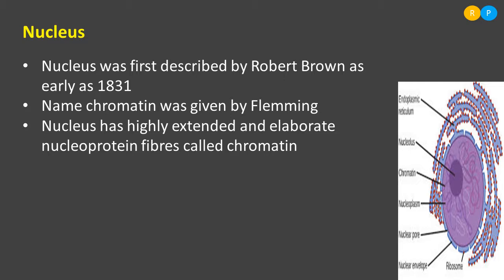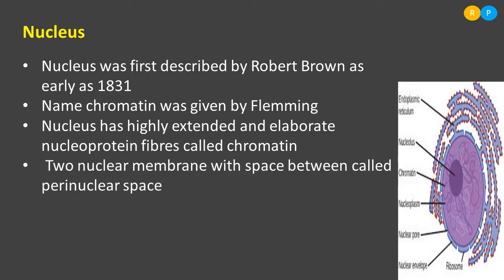Between those two membranes there is a space called the perinuclear space. So, two nuclear membranes with a space between called the perinuclear space. And if you carefully observe the membrane in the diagram, we can find the absence of membrane in some regions of the nucleus. That particular region where the membrane is absent is named the nuclear pore.